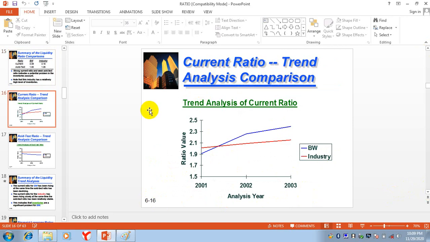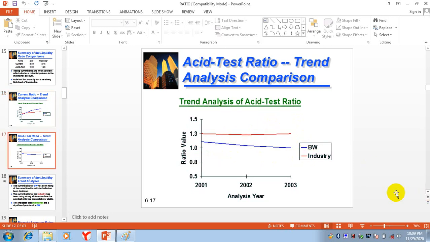Now this is the trend analysis comparison. So see, this is the trend analysis of the current ratio. Our ratio was weak, then it goes high. See here, this is Basket Wonders, this color, and this red color is for the industry. So we are above the industry. And see the quick ratio.